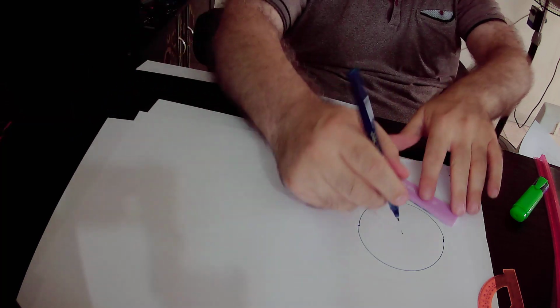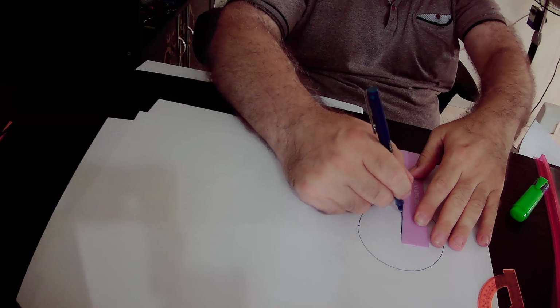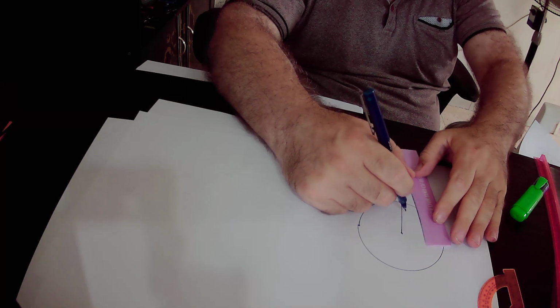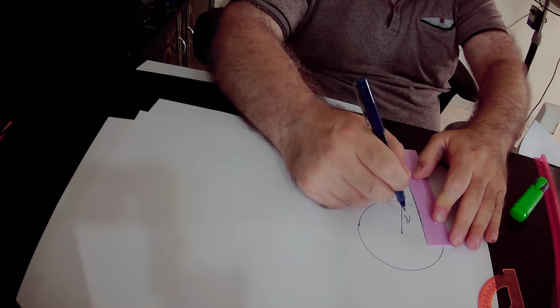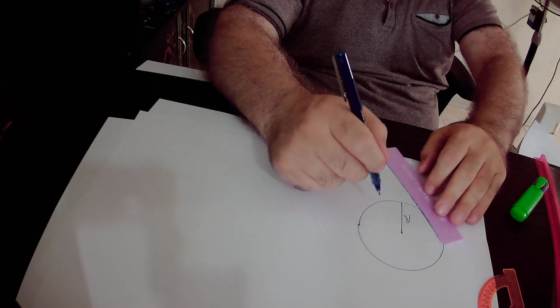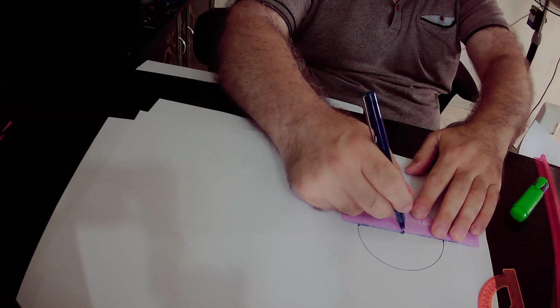So the radius, this radius R is less than 3 units. This is also the radius R that is less than 3 units.